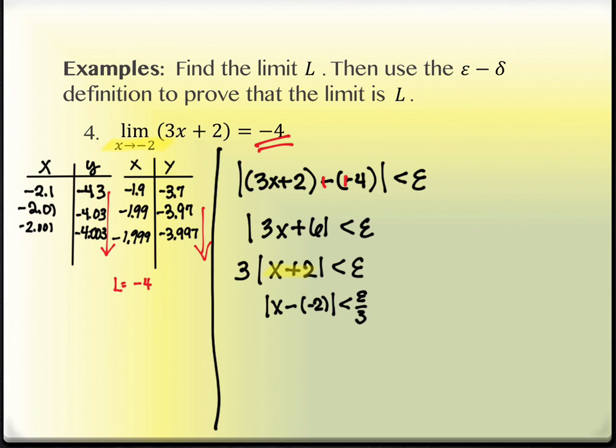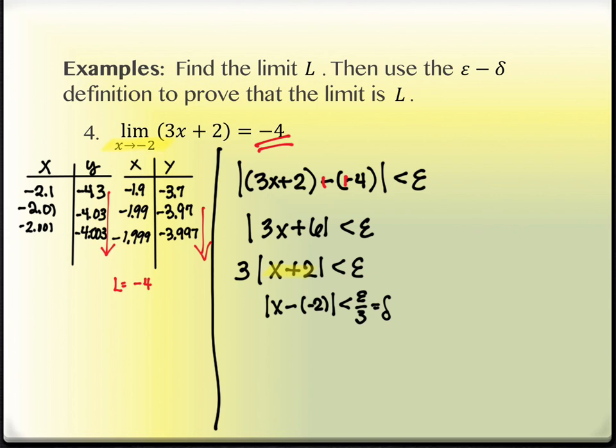Less than epsilon over 3. This is half the work. Okay, the limit parts work too, but in terms of the proof itself, this is half of the proof. You have found the delta value. It's just what we call the value at the end. It's called delta.